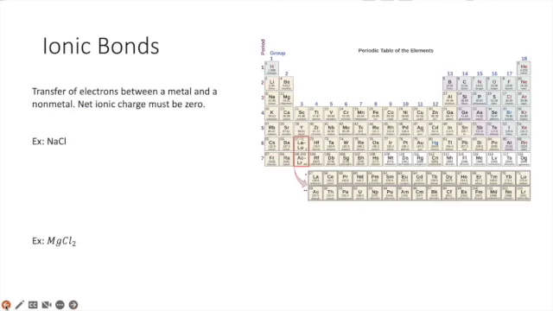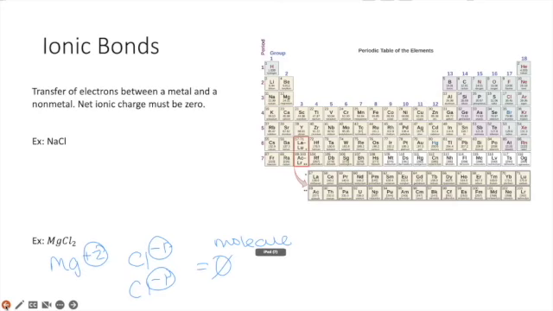Every time, we said magnesium was a +2 and chloride was a -1, but we took 2 of those atoms, right? If we were to add +2, -1, -1, we have a net charge of the molecule of 0. So that's what they're ultimately looking for.